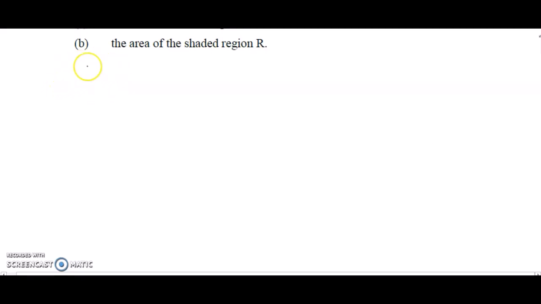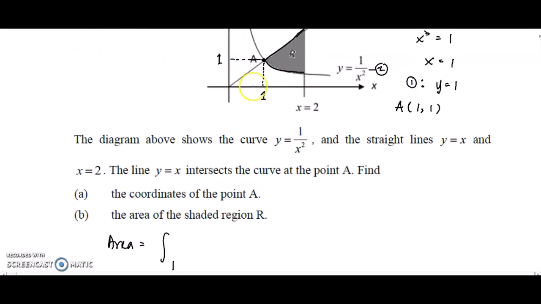That is, area will be equal to the integral from 1 to 2, where this is the lower limit 1 to 2, and the function, we take the higher function, which is the straight line having the function x, minus the lower function, which is 1 over x squared.